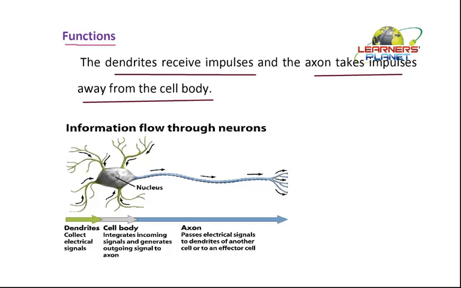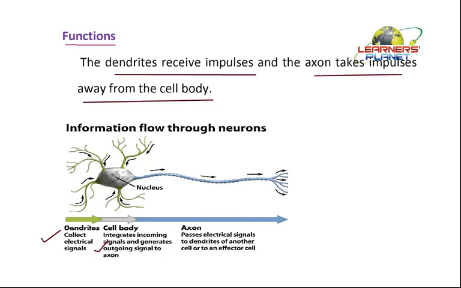You can see here in this diagram the flow of the same message we have discussed in the previous slide. These dendrites are responsible for collecting the electrical impulses. Then the cell body will integrate the incoming signal and perform certain chemical reactions, and then it will generate an electrical impulse. So this type of generation is actually a function of a cell body.